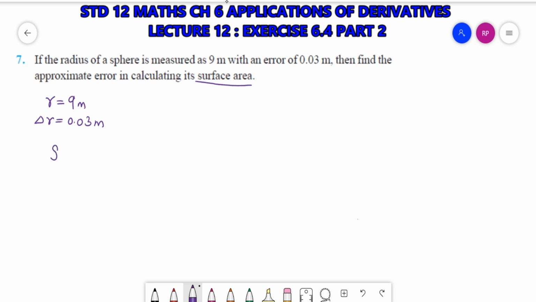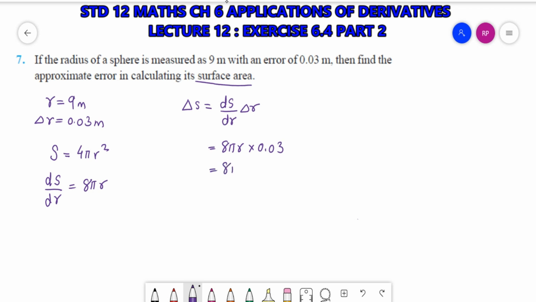The formula for surface area of sphere is 4 pi r square. So differentiating with respect to r, I will get 8 pi r. So the error in surface area will be equal to ds by dr into delta r. So this will be equal to 8 pi r into 0.03. Let's put the value of r, that is 9.